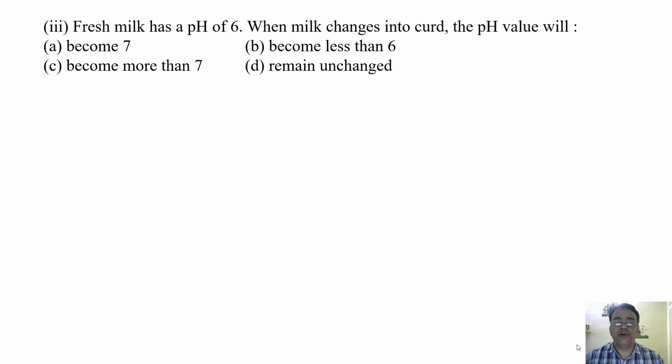Have you studied about milk to curd one? Yes, sir. तो ऑलरेडी pH is 6, so it will become more than 7 or less than 6. More than 7 तो बेसिक हो जाएगा. So less than 6. So the correct option is become less than 6.